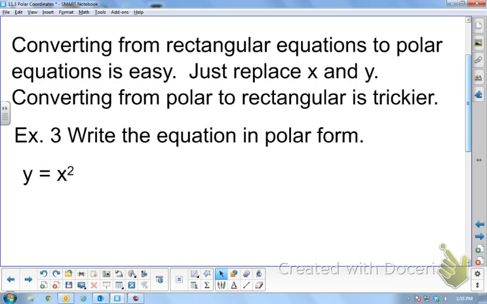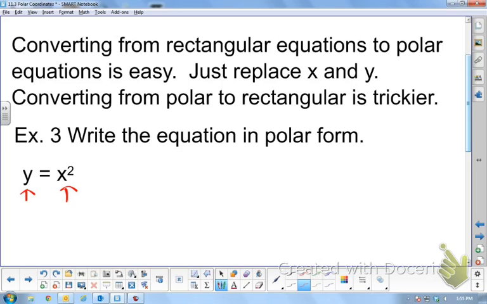What do we know y equals in polar form? y equals r sine theta. What do we know x equals? r cosine theta. So to switch this to polar form, all I have to do is substitute.